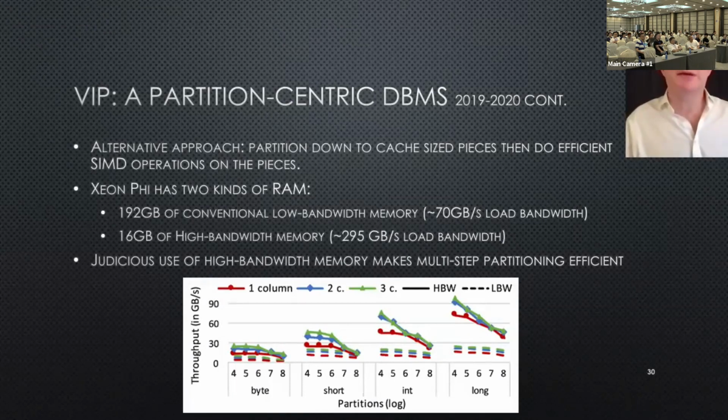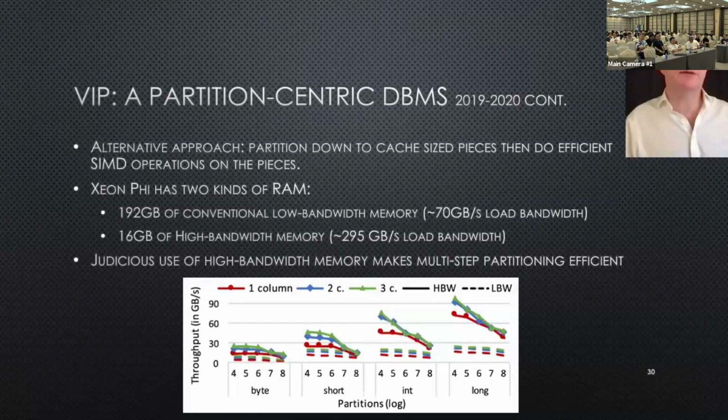The impact is that partitioning now becomes very fast, and it's now feasible to do all of this extra initial work to partition the data in order to get cache-sized pieces that are very, very efficient to operate on using SIMD instructions in that manner.